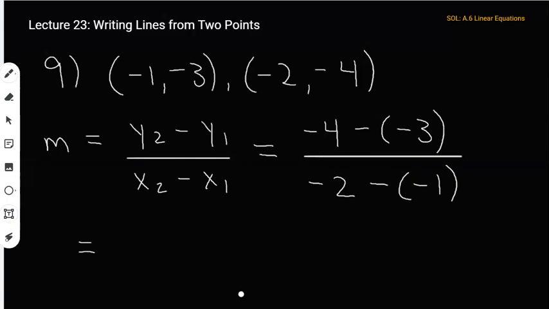So on the top of the fraction, in the numerator, I have -4 minus -3, and that's the same thing as -4 plus 3, which is -1. And then in the bottom of the fraction, I have -2 plus 1, which is also -1.